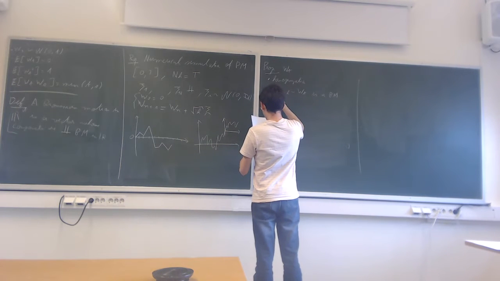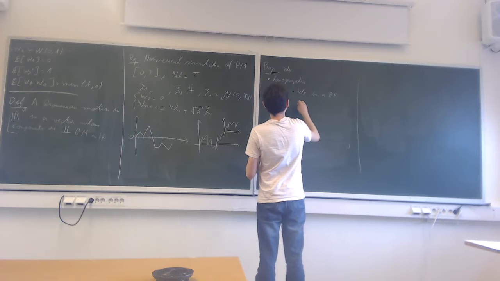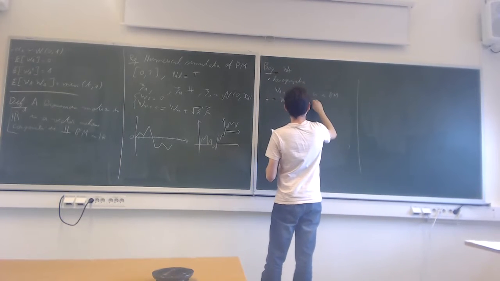Then symmetry: minus W_t is a Brownian motion.